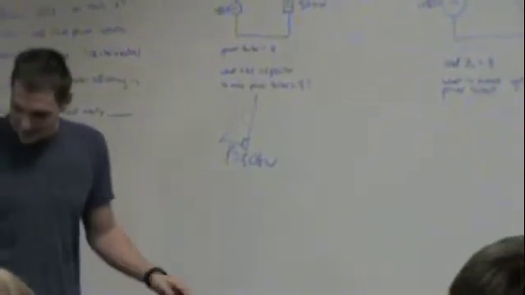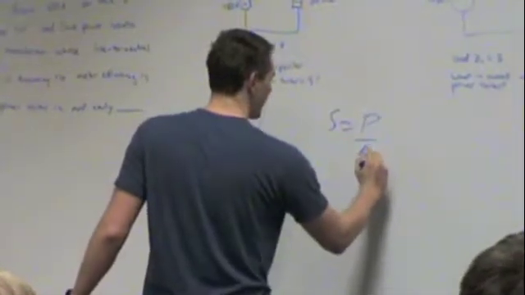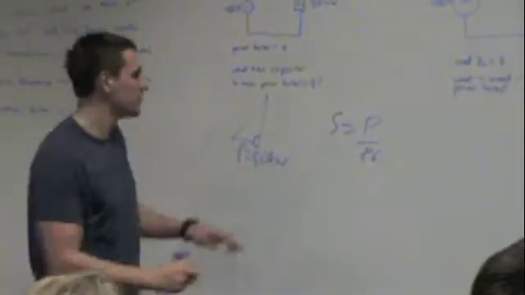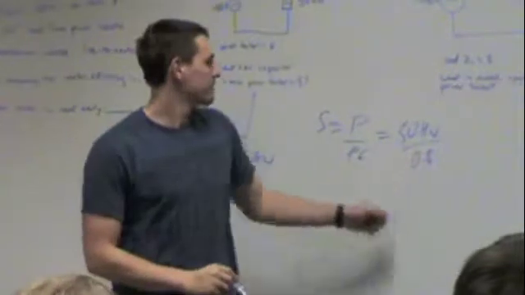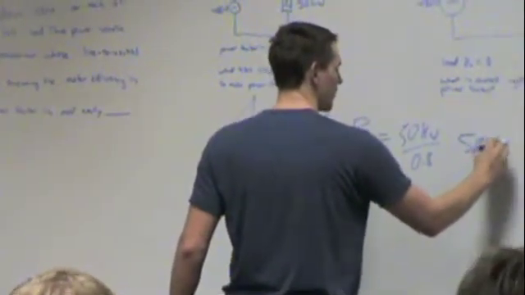I'm not going to write that down again, but I will write down S equals P over PF. So then S is equal to 50 kilowatts over 0.8. We're master mathematicians, so we know this is 58 point something.